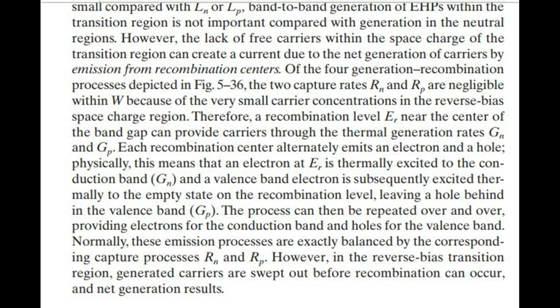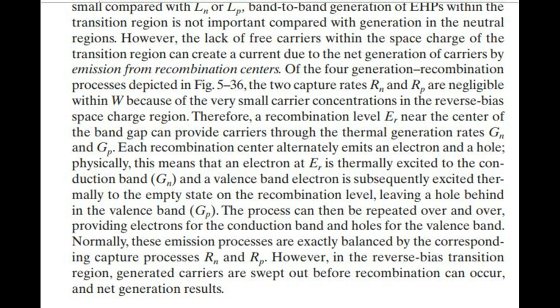The generated minority carriers diffuse to the transition region, where they are swept to the other side of the junction by the electric field, Fig 5.35. However, carrier generation can take place within the transition region itself. If W is small compared with Ln or Lp, band-to-band generation of electron-hole pairs within the transition region is not important compared with generation in the neutral regions.